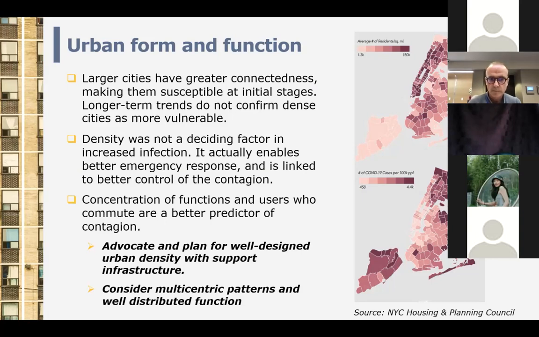Concentration of functions and users who commute are a better predictor of the contagion. Thus, advocating and planning for well-designed urban density with supporting infrastructure is key to building resilience, and also considering multicentric patterns and well-distributed functions to avoid imbalanced development will be important for cities.